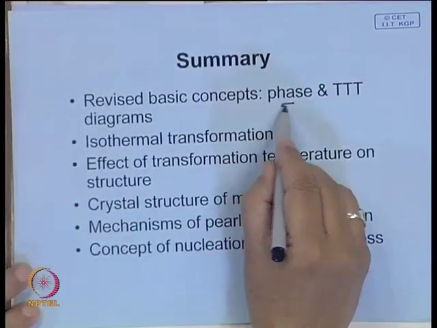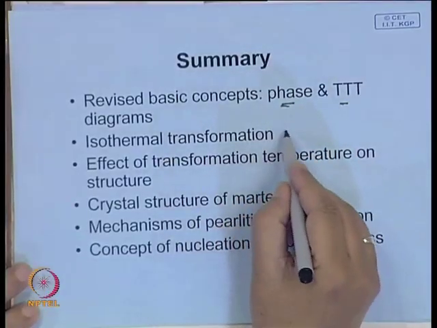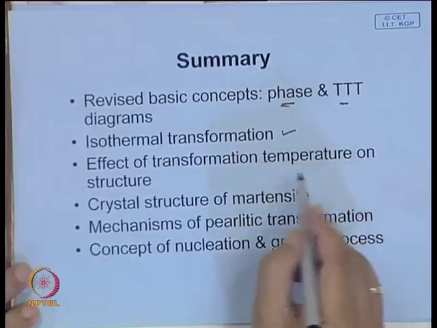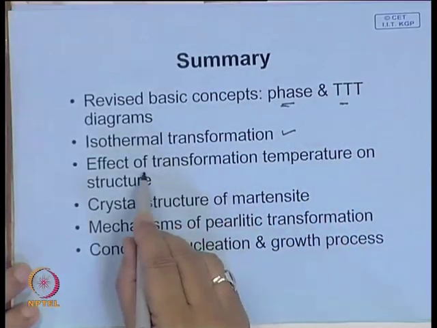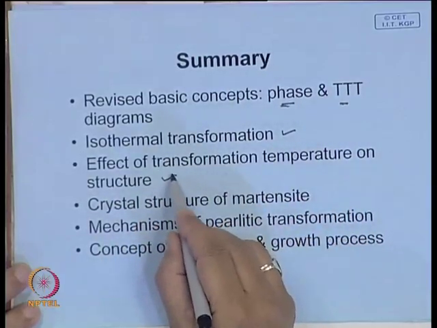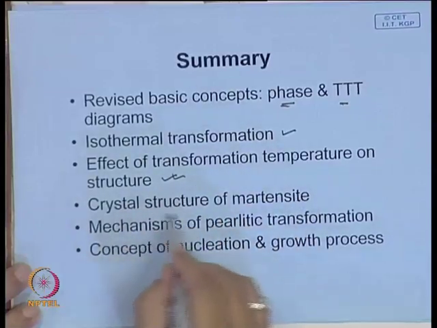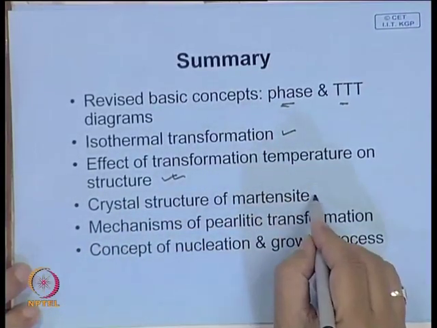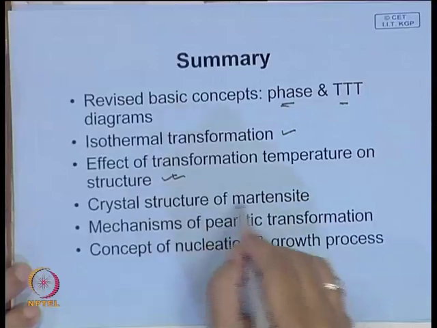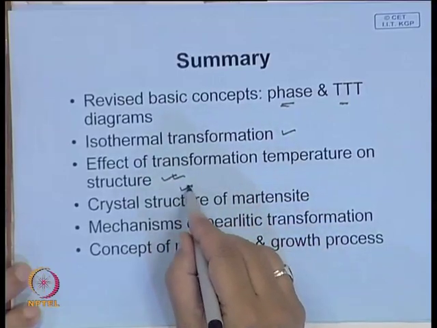So with this we stop here. What we did today is we revised some basic concepts of the phase diagram and the TTT diagram. We looked back at isothermal transformation, we looked at the effect of transformation temperature on the structure, and we also tried to derive the crystal structure of martensite.